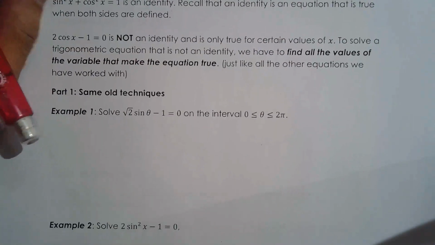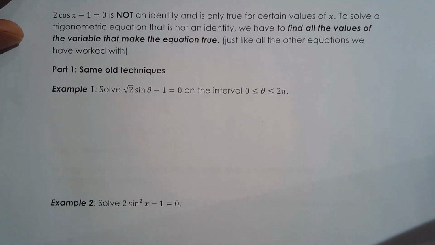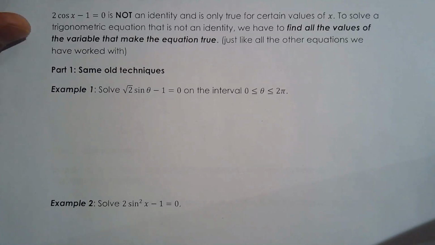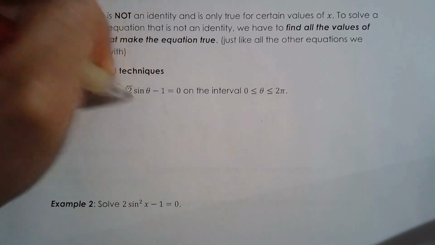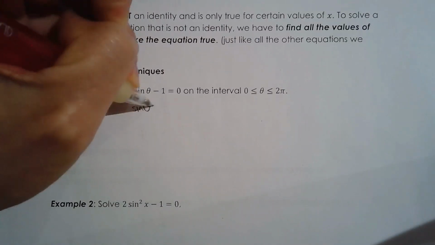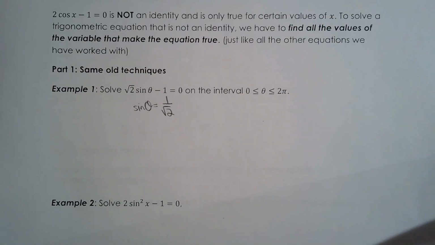Okay, let's try the first question here. Solve root 2 sine theta minus 1 equals 0, and we're told that theta is between 0 and 2 pi. If you isolate for sine theta, you'll get sine theta equals 1 over root 2. And 1 over root 2 is our friend.